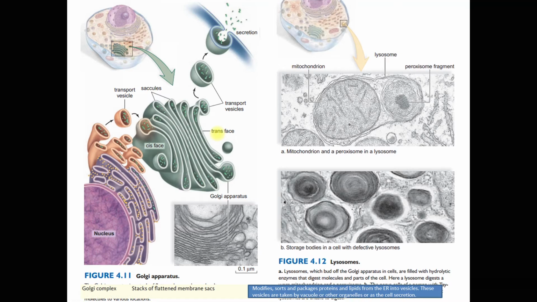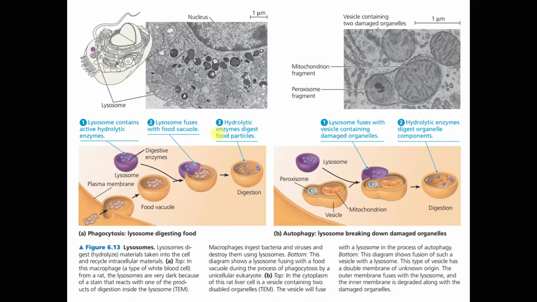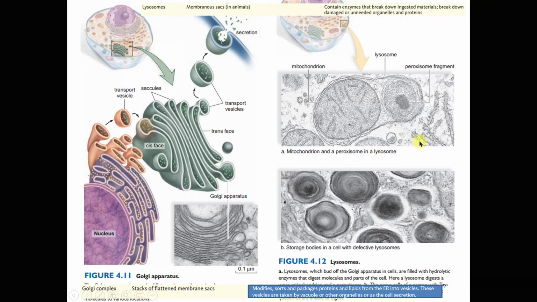Next, we have the lysosome. The lysosome is a membranous sac. You can see this lysosome is a membranous sac, and within the lysosome there are mitochondria, so there is a mitochondrion and a peroxisome fragment.